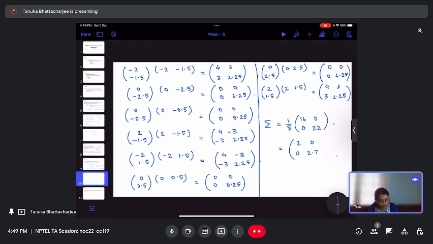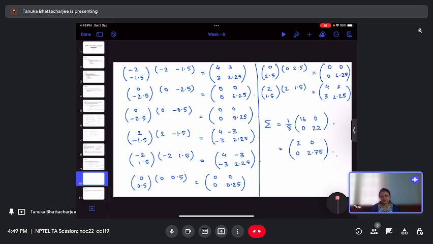This is the covariance matrix of all the x values.